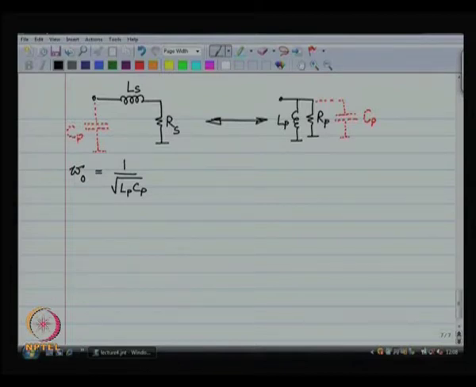Okay. Now, given that information, what is the Q, the quality factor of my parallel RLC network?